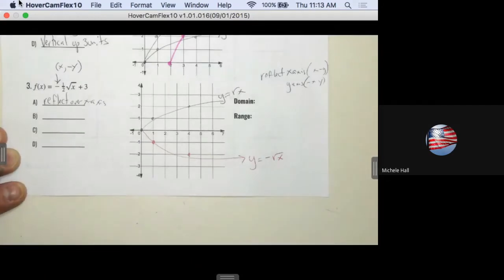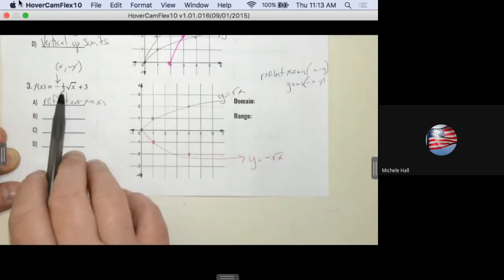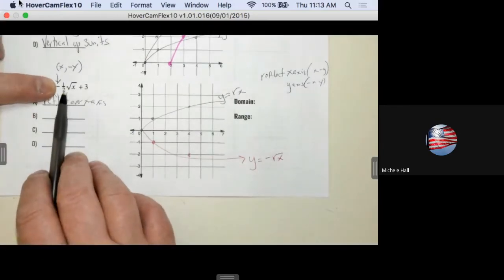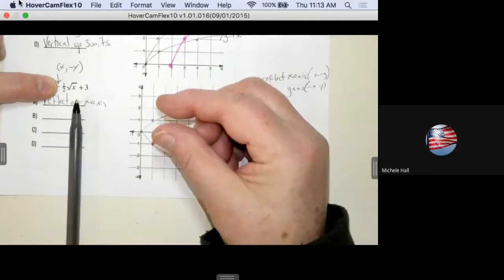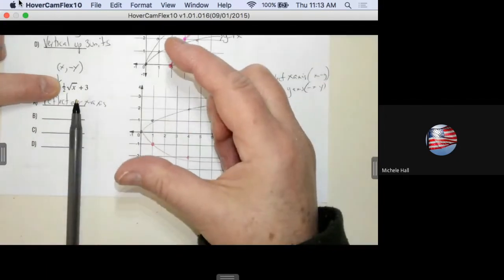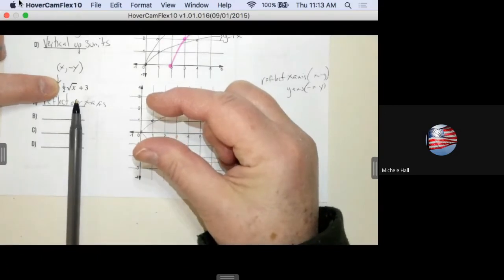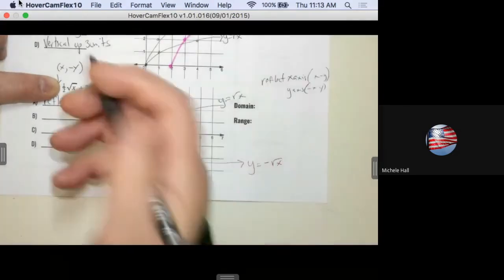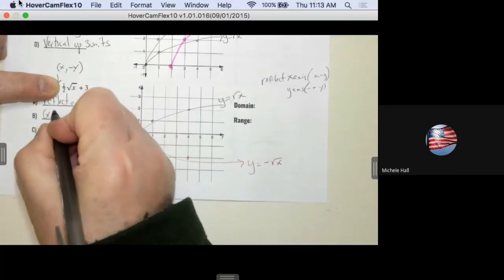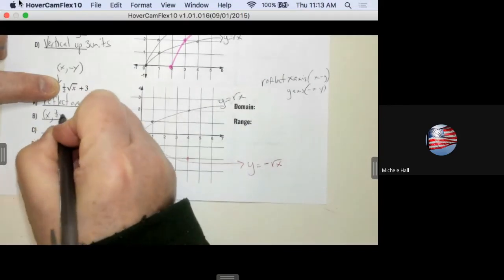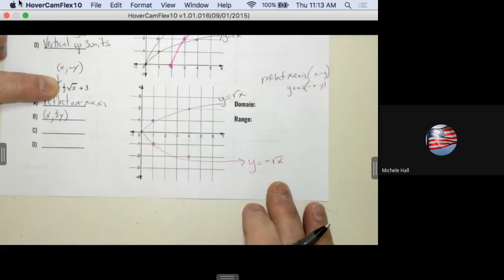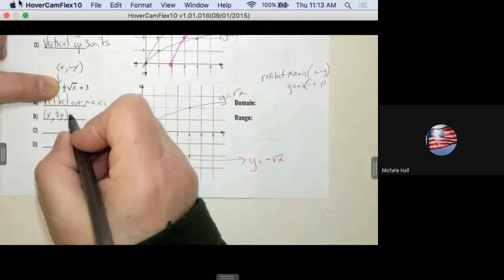B says, identify any horizontal or vertical stretch and compress. Okay, we have a number again that's being multiplied out front. It's not a whole number, so it's not a stretch. It's a fraction, which means we're compressing it down. I need to half all my y values. So this is about halving our y values. This is going to be a compress.